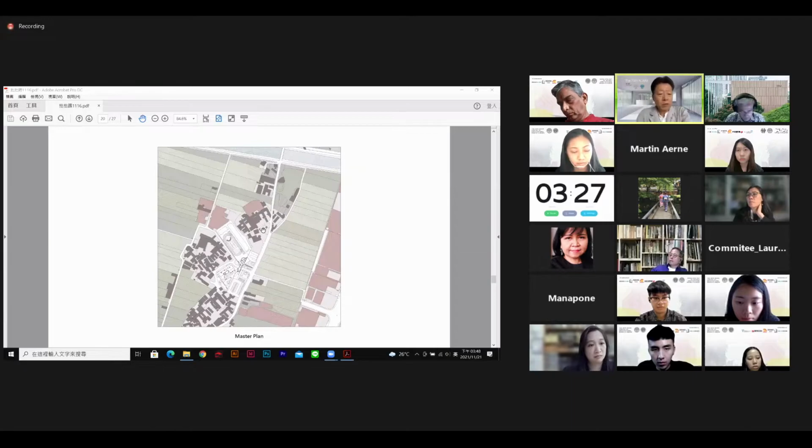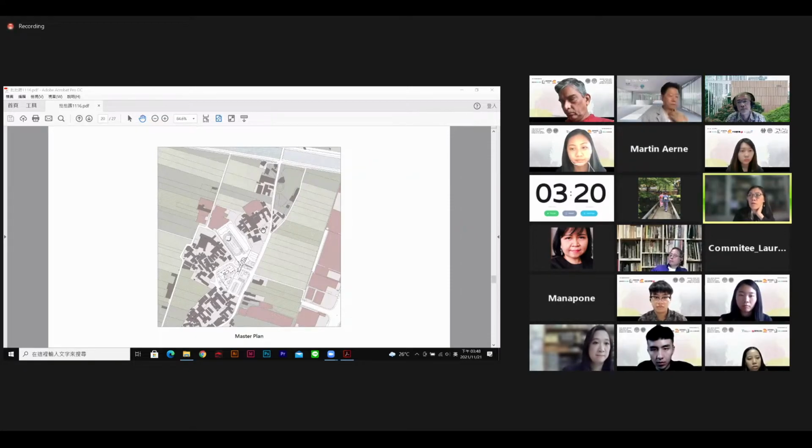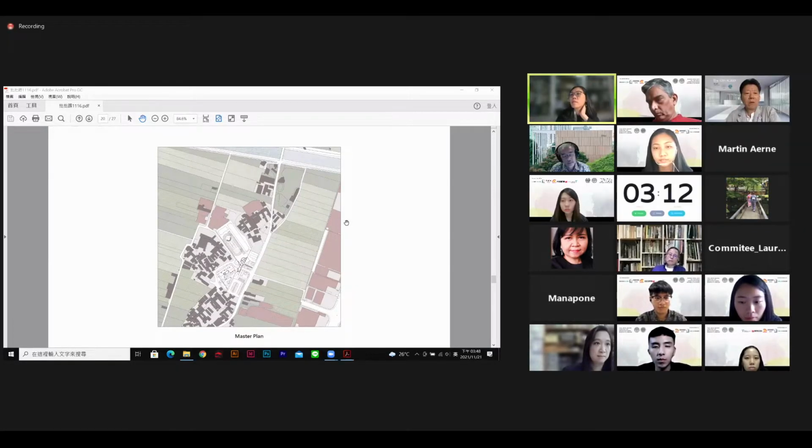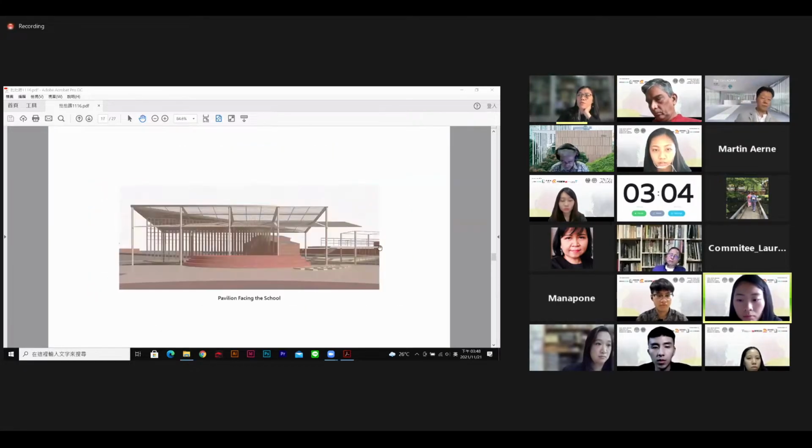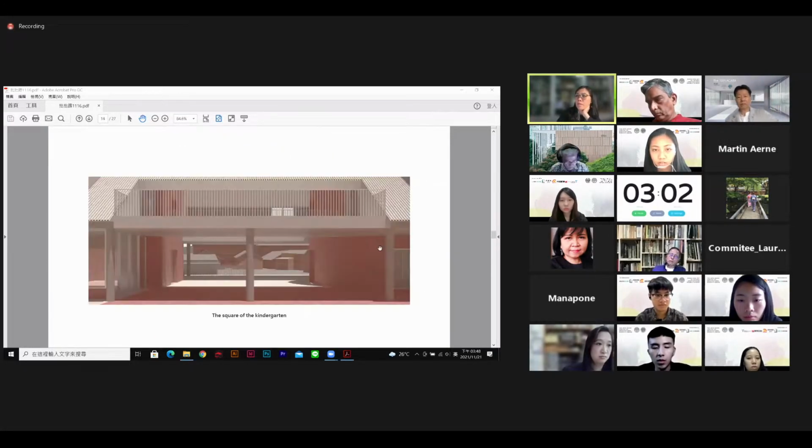Okay, thank you. A small question. Could you please show us the perspective of your open atrium defined by column and geometric wall? There is a curved wall in red brick.